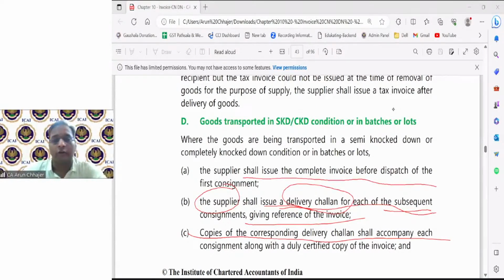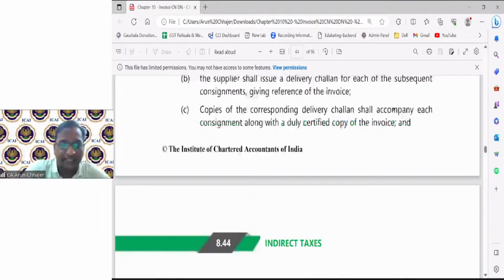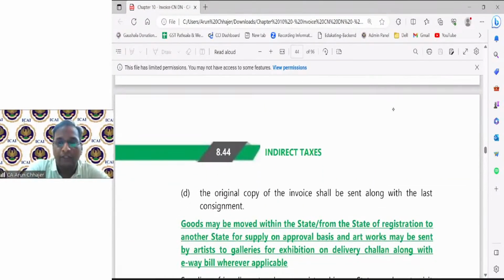Third, a copy of the corresponding delivery challan shall accompany each consignment along with a duly certified copy of the invoice. So these are the documentation. Original copy of the invoice shall be sent along with the last consignment.